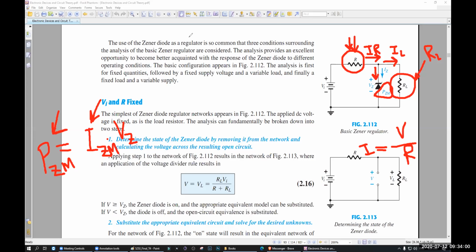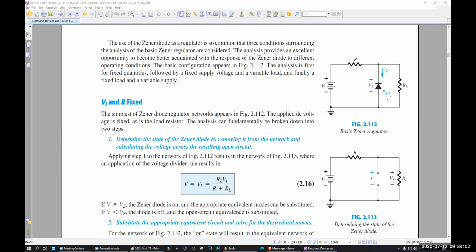So how will we calculate? Remember, there are three ways of calculating this. One, when your VI is fixed, R is variable, RL is variable.